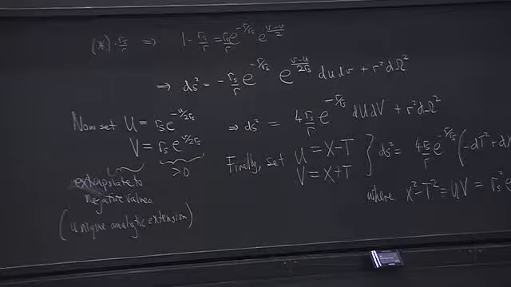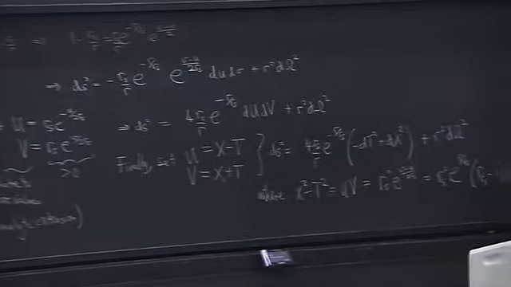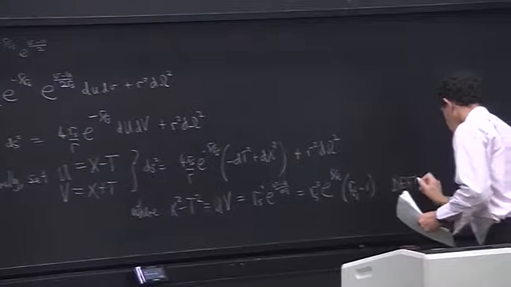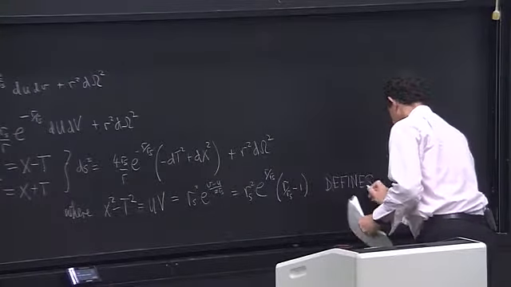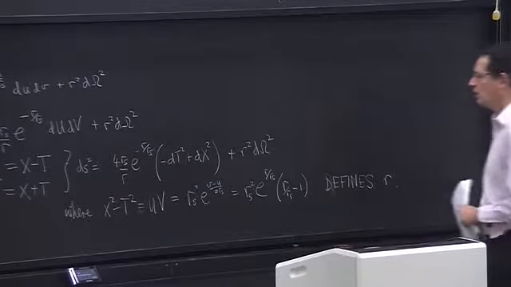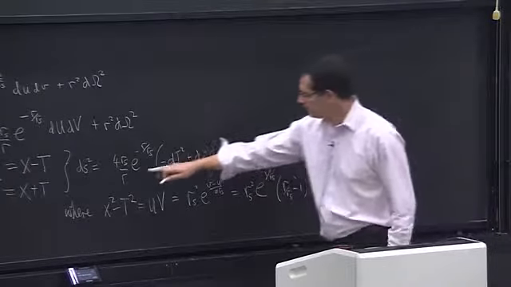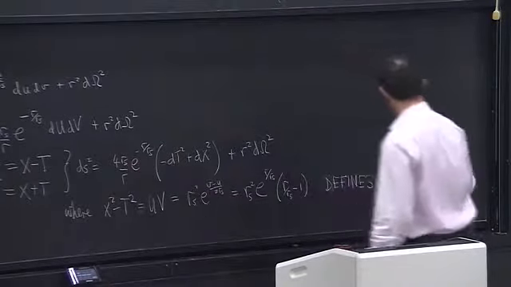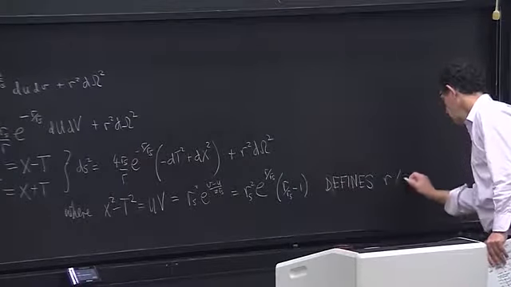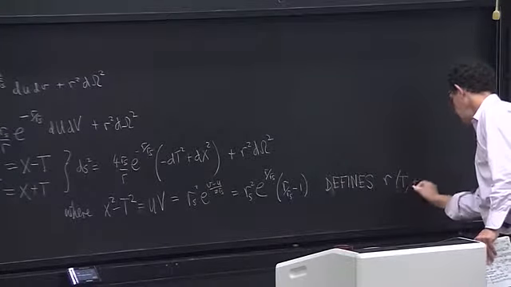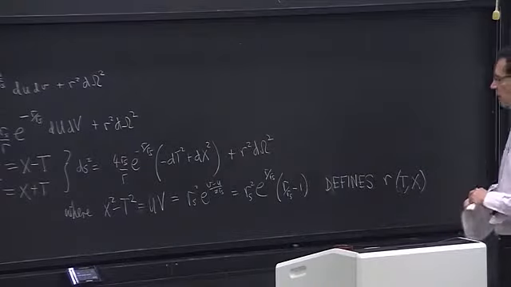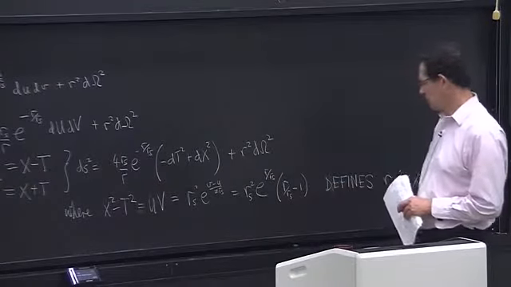This equation defines r. Okay, so I have this metric, and r is really a function of t and x. And that function is defined by this equation.